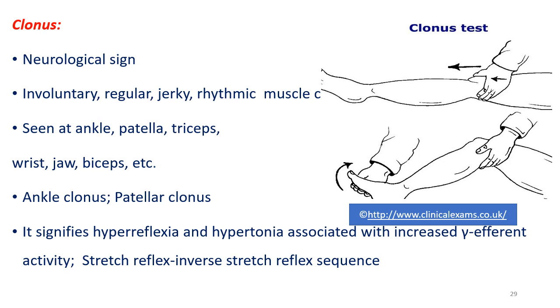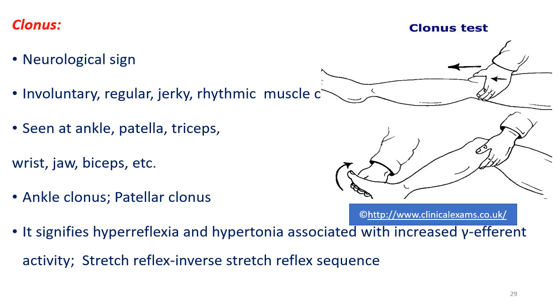So the gamma efferents become hypersensitive, and when you try to stretch a muscle in which the gamma efferents are sensitive, they push a burst of impulses to the muscle.